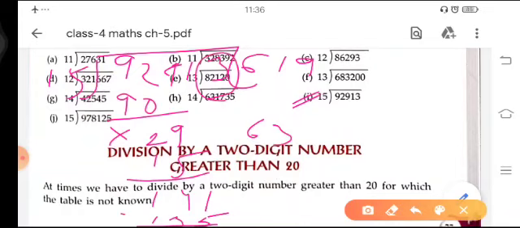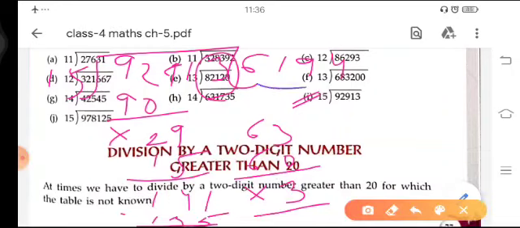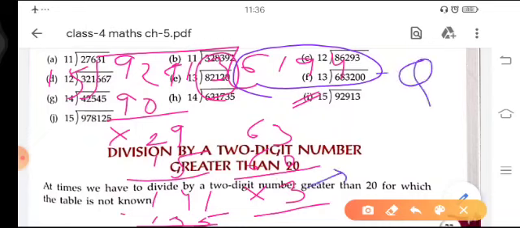Now 15 fours are 60, and 3 is our remainder. 6,194 is our quotient, and at last the digit we are getting, that is 3, is our remainder. Okay students, so in this manner you have to solve the other parts of this exercise.